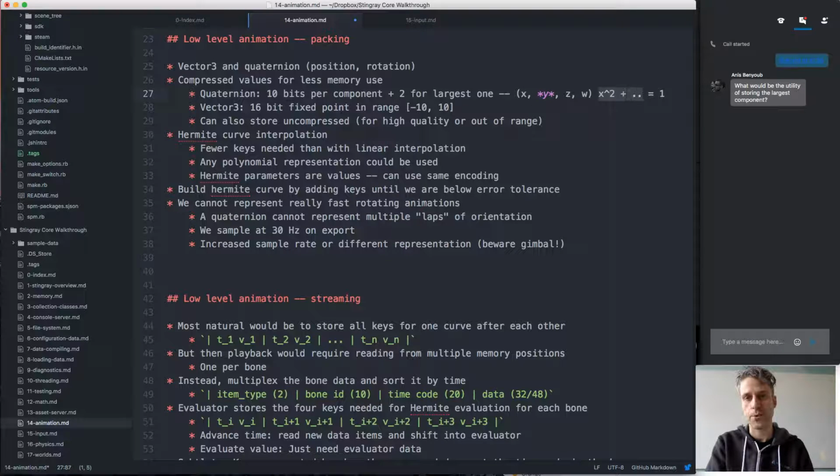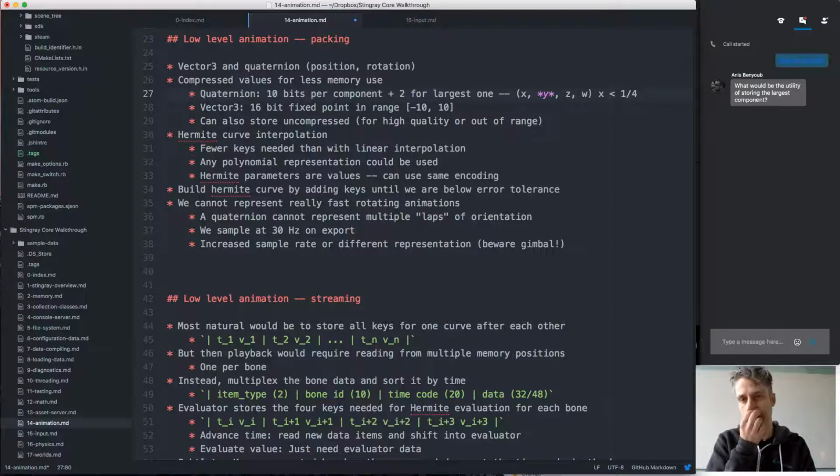So in this case, all components are the same size, which means that we have 4 times X squared equals 1. We know that 4 times X squared is less than 1, because otherwise X would be the largest component, and we know that it's not. Y is the largest component. So that means X squared is less than 1/4.